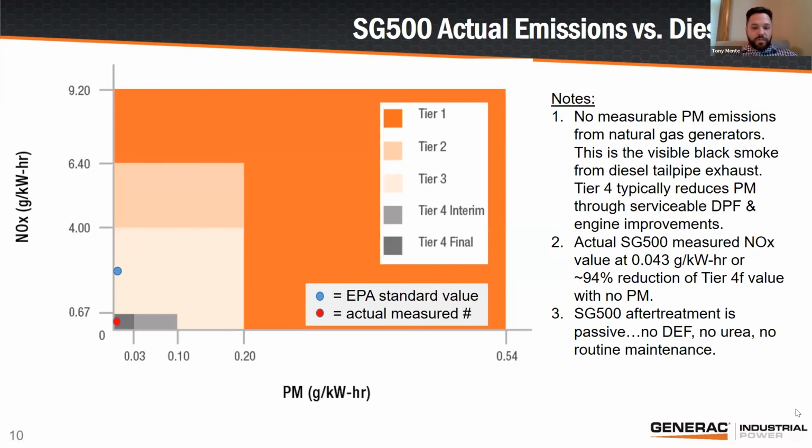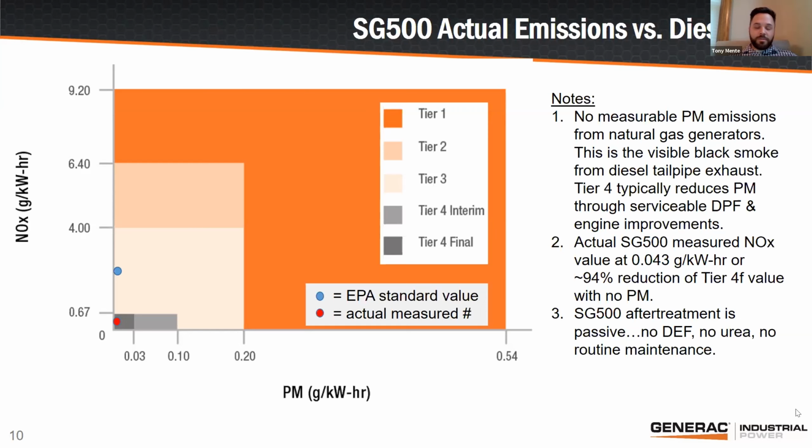So looking at one of our 500 kW gas units versus the traditional EPA diesel emission tiers, Tier 4 final is like the cleanest diesels available. With our 500 kW natural gas unit, you can see the red dot in the lower left.